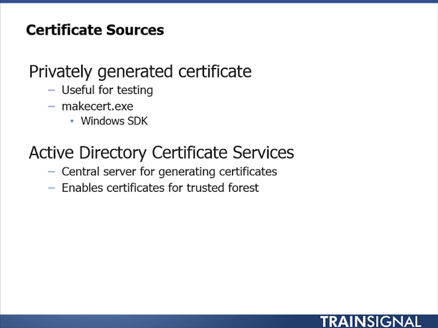The next option that we have is to utilize Active Directory. Now, using Active Directory is a fantastic choice for internal intranet applications. What we're going to do is configure one server to be our certificate authority, and that's then going to be responsible for issuing all of our certificates.